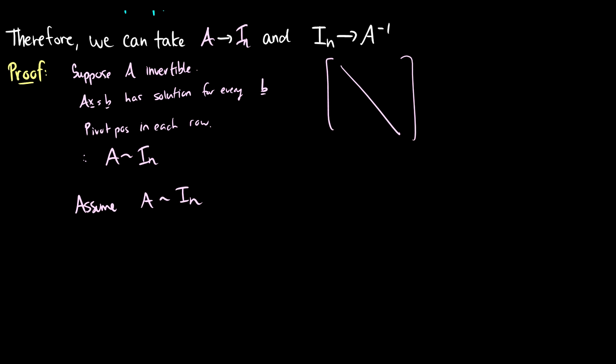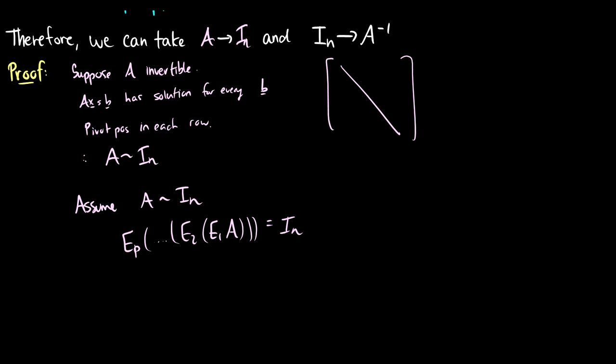So A goes to the identity matrix through these row operations, which means if we take A and left multiply it by E1, and then E2, and keep multiplying like this, eventually we reach some final elementary matrix, which we'll call E_P, that takes us to the identity matrix. So this is the list of elementary row operations that takes A to the identity matrix.